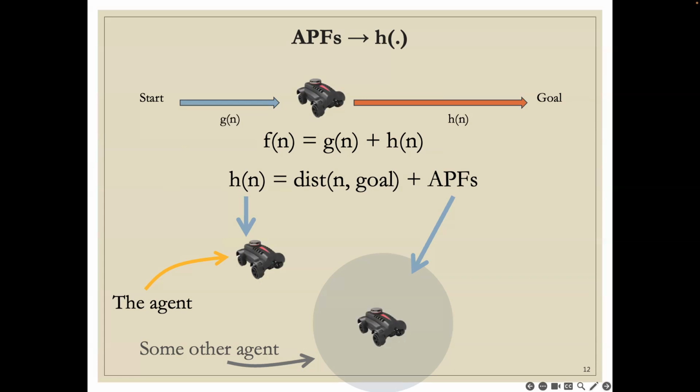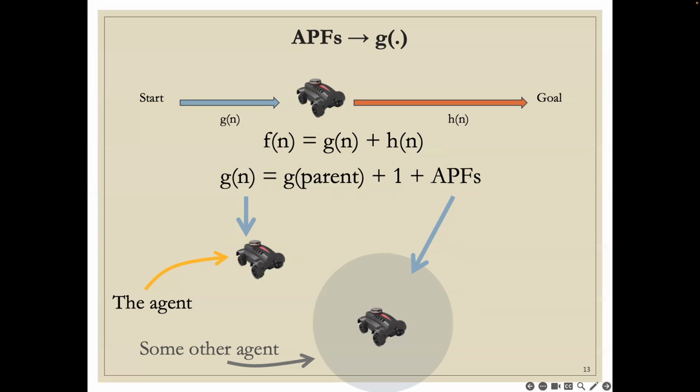In the paper, we show exactly why this will not work. Basically, the agents will simply act as if there are no APFs at all if we add the APF costs to the H part, and they will pick, for example, here, the red path, which is undesirable, as it goes exactly through the APFs of other agents, and we want the black path to be chosen.